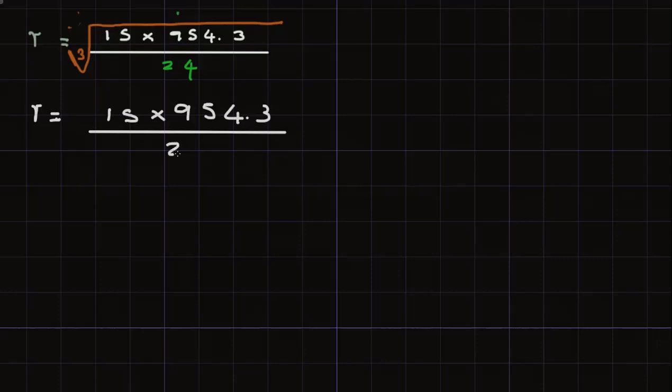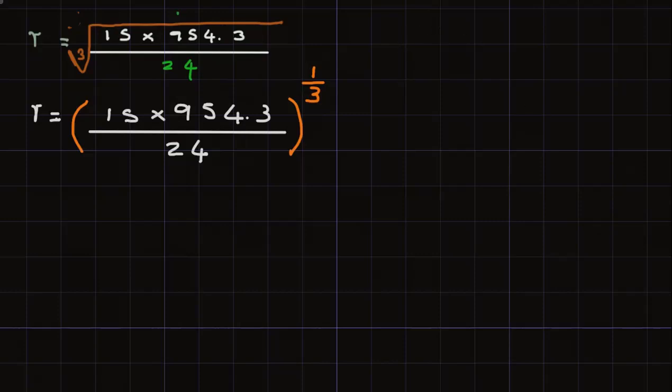What does cubic root mean in index form? It's 1 over 3. So instead of the cubic root sign, we can write the entire thing to the power 1 over 3. Cubic root is 1 over 3.